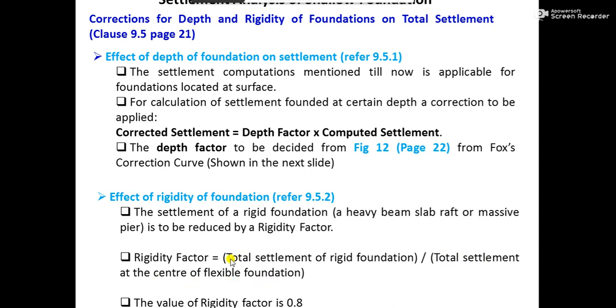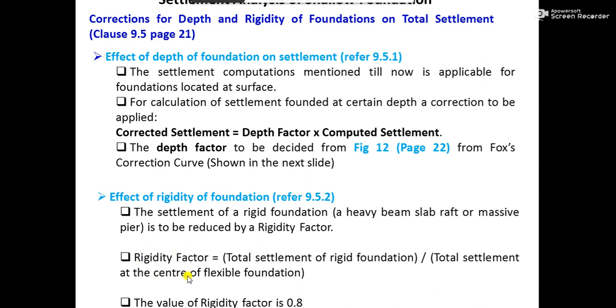So you see, if you want to find out, considering the same footing as a rigid footing, then total settlement of the rigid foundation, how can you get it? You multiply this rigidity factor to this total settlement at the center of flexible foundation. So total settlement of rigid foundation is nothing but equal to rigidity factor multiplied by this total settlement at the center of flexible foundation. And what is this total settlement at the center of flexible foundation? It is nothing but this corrected settlement.